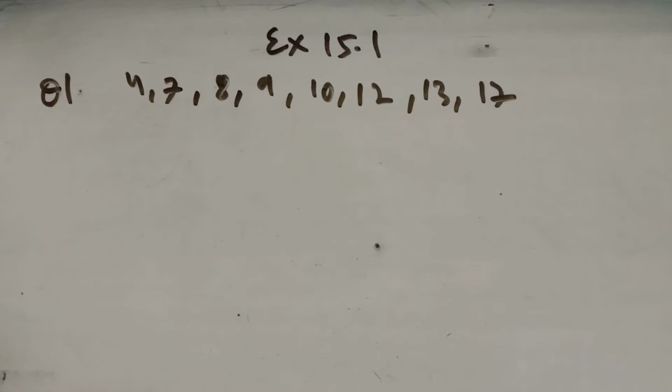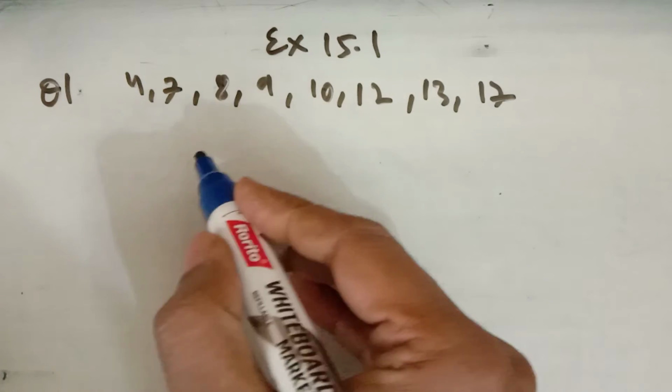What you have to do is find the mean deviation about the mean for this ungrouped data. First of all, you have to find the mean of this ungrouped data, and then we have done the formula.